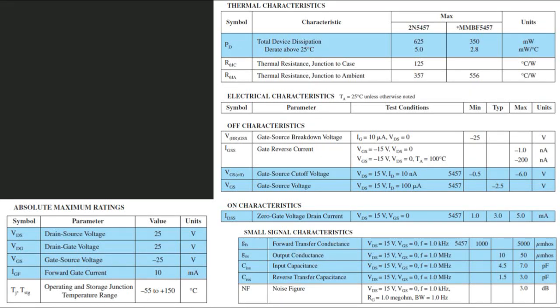So these are the normal voltages and currents for a device. You need to follow these parameters. Similarly, there are some small signal characteristics and absolute maximum ratings. All this information is available in the specification sheet. So I think this information is enough for this topic.